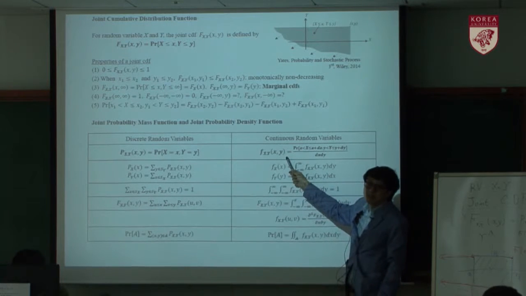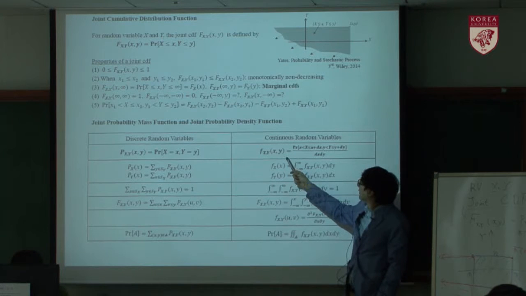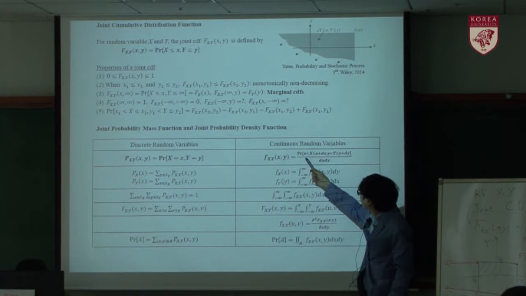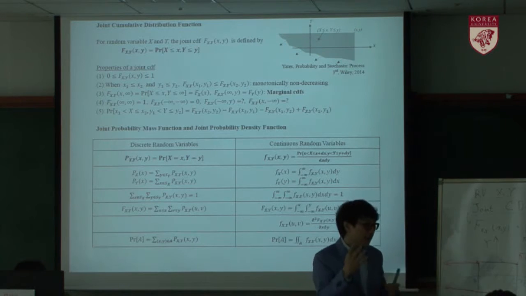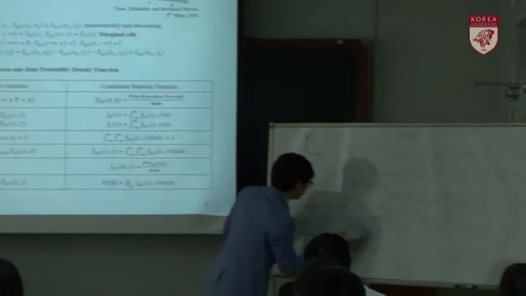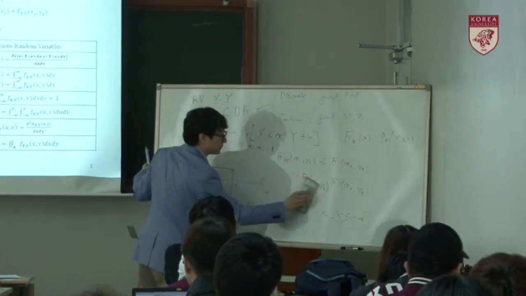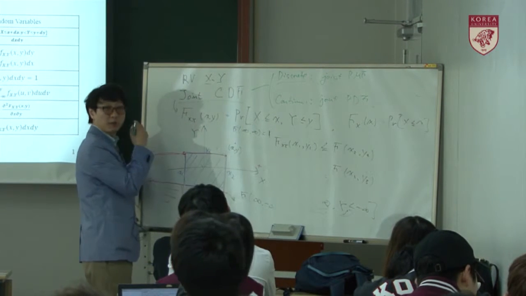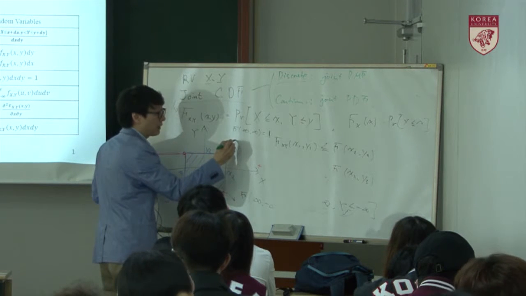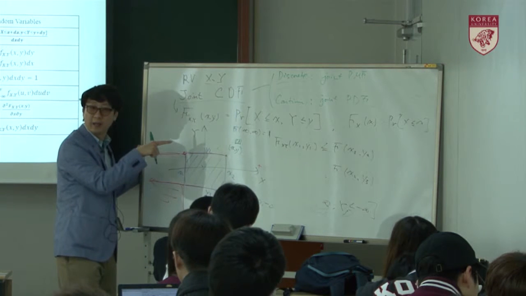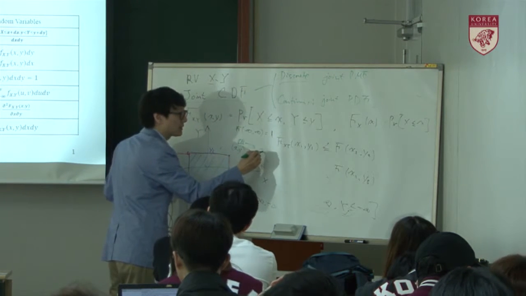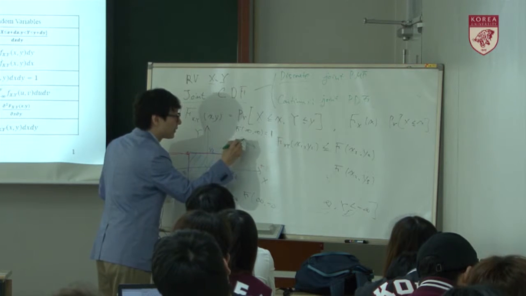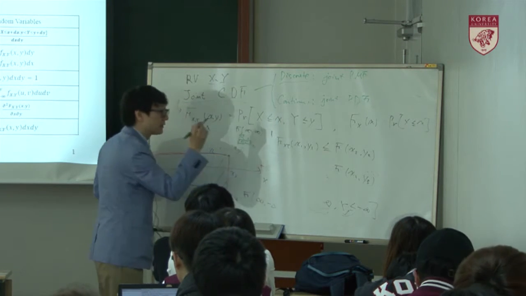The joint PDF is very similar. Because it's a density, at a certain point x and y, we first calculate the probability in a very small area, which has a dx and dy.